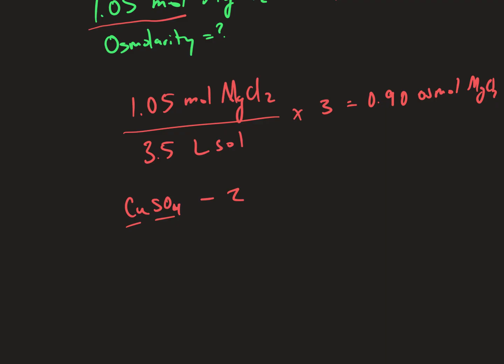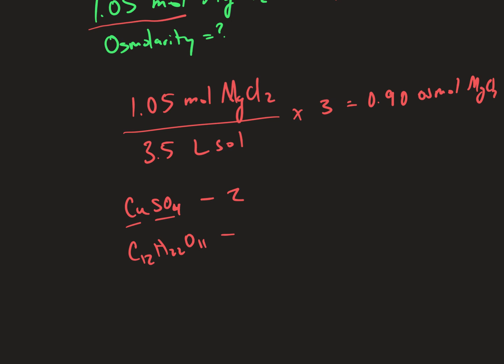What about sugar, C12H22O11? How many particles do we have when sugar dissolves in water? Just 1, because it doesn't dissociate. It's a covalent compound. You with me? If it's a covalent compound, it will not dissociate.